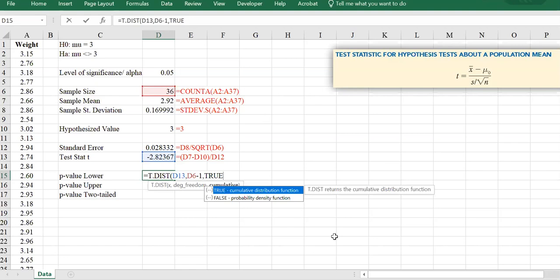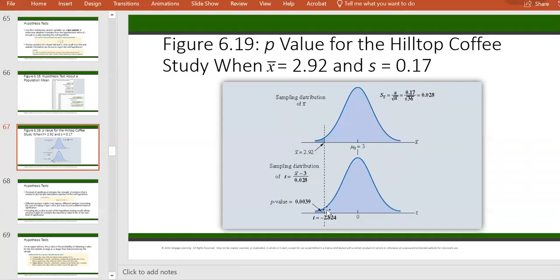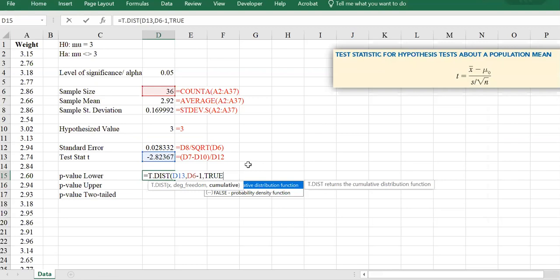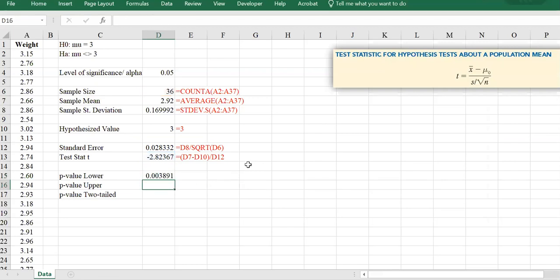If you put false, it's going to give you the height of this point on the chart, all right? So that's not what we're looking for. So we need to put true here, and that will give you the p-value left side.